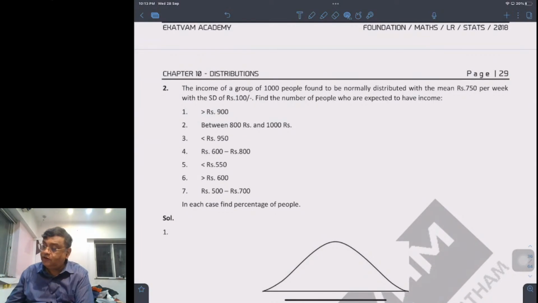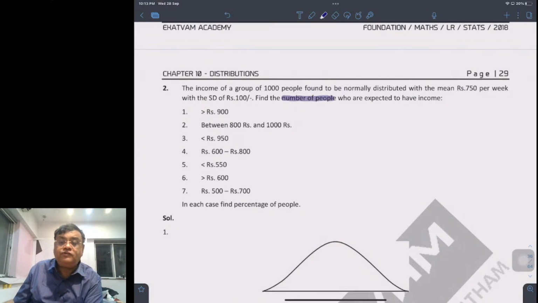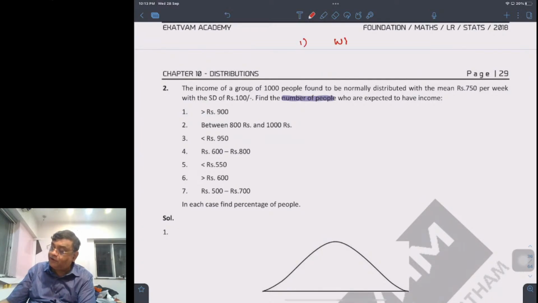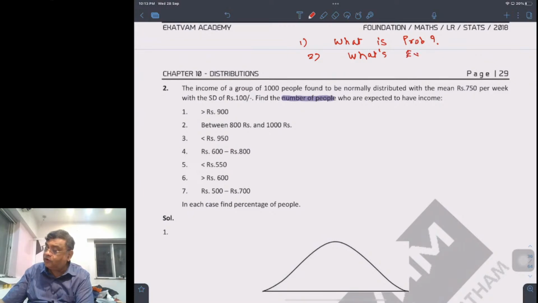Importantly, क्वेश्चन को अच्छी तरीके से पढ़ेंगे तो आपको समझेगा। फाइंड द नंबर ऑफ पीपल, ये हमने बायनोमियल और पॉइसन डिस्ट्रीब्यूशन में भी देखा था। One variety of question is what is the probability, another variety of question is what is the expected number.